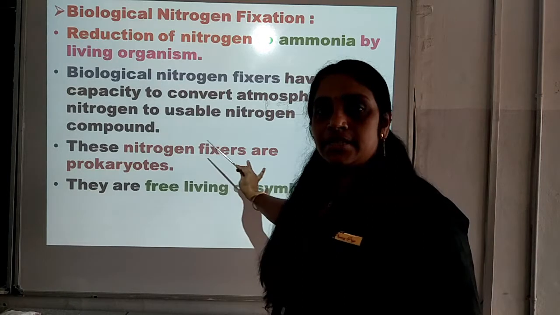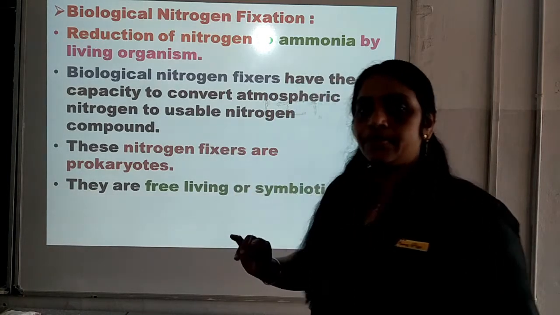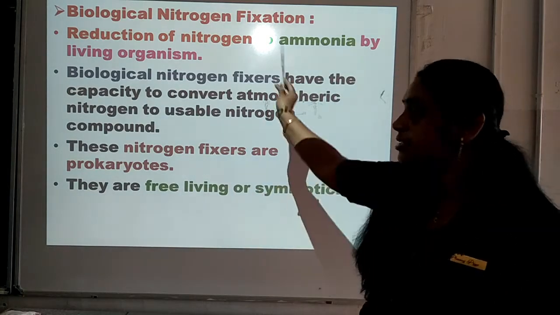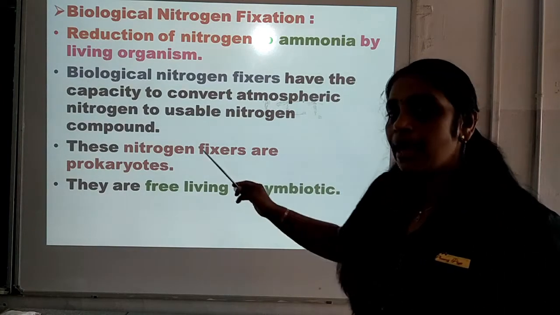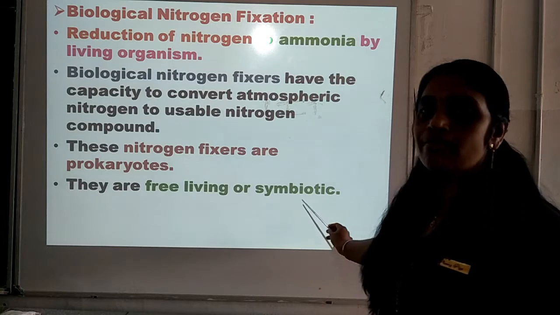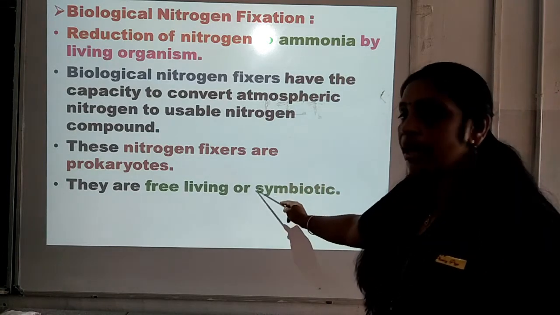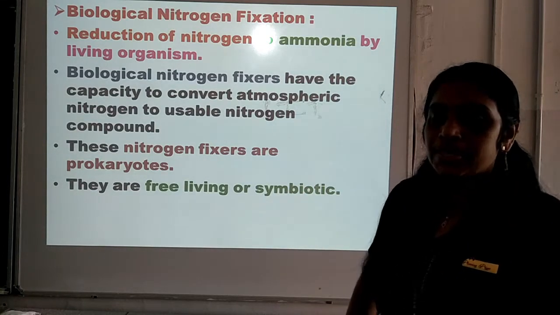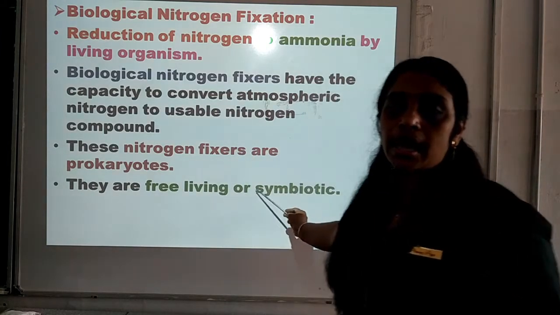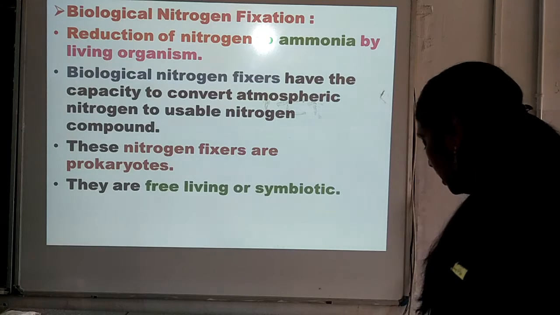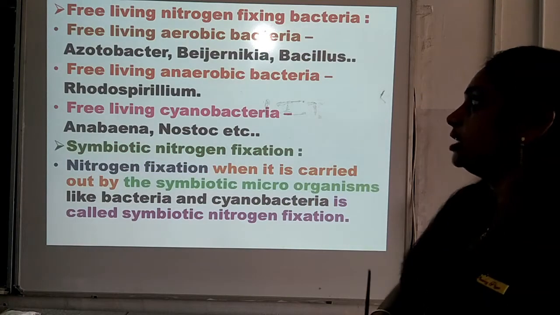These nitrogen fixers which are fixing the nitrogen to the soil are prokaryotes, and they are free living or symbiotic. We know what symbiosis is, isn't it? So, these prokaryotes are free living or symbiotic in nature. Again, it is important.